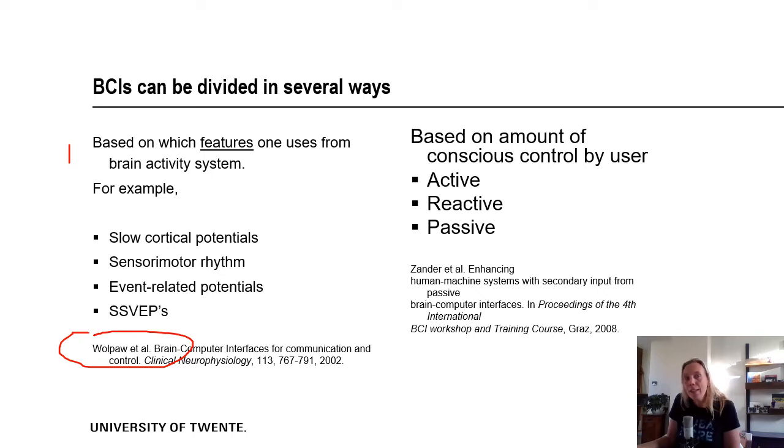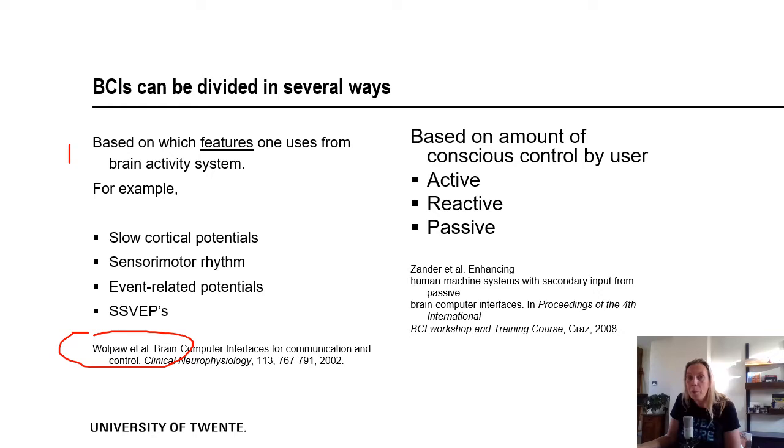They are related to 3 different paradigms of brain-computer interface input that are distinguished by Zander et al. in this nice paper. He distinguishes between 3 different types: the first is an active BCI, a reactive BCI, or a passive BCI.